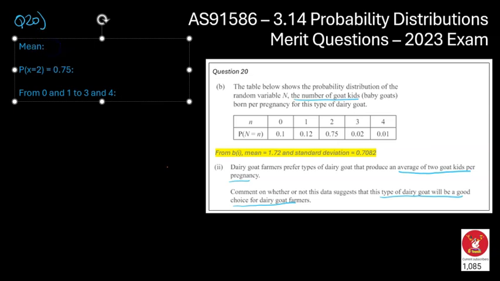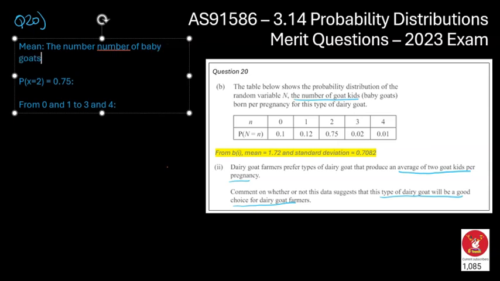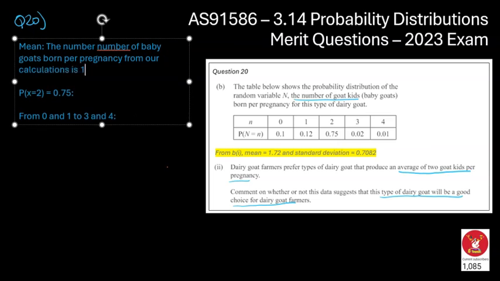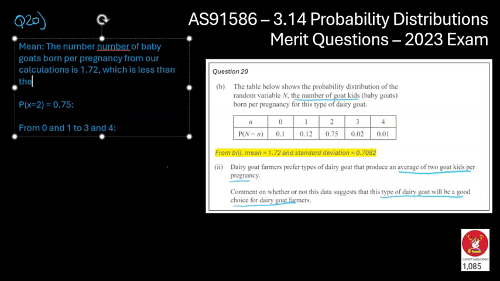So that looks like the rough structure that I want to follow. So the first thing about the mean, I'm just simply going to state that the mean number of baby goats born per pregnancy from our calculations is 1.72, which is less than the desired average of 2.